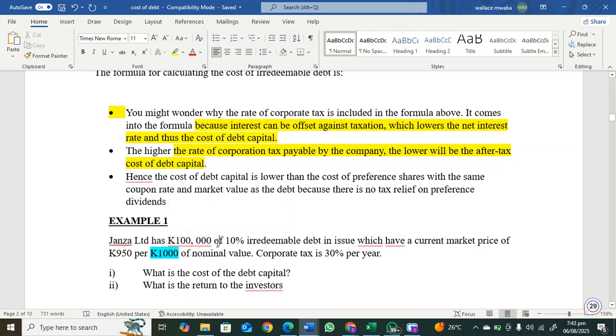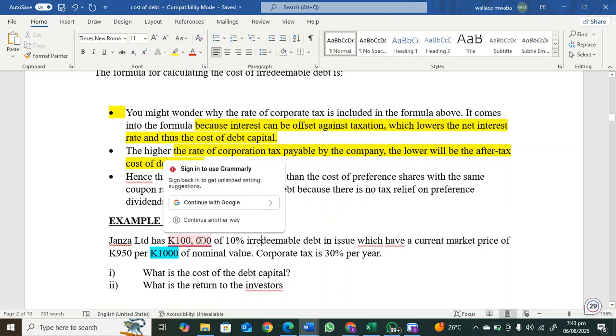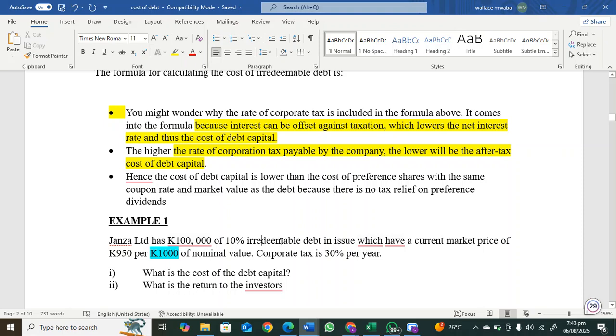The 10% is the interest rate of the debt. It has a market price of 950 kwacha per 1,000 kwacha of nominal value.